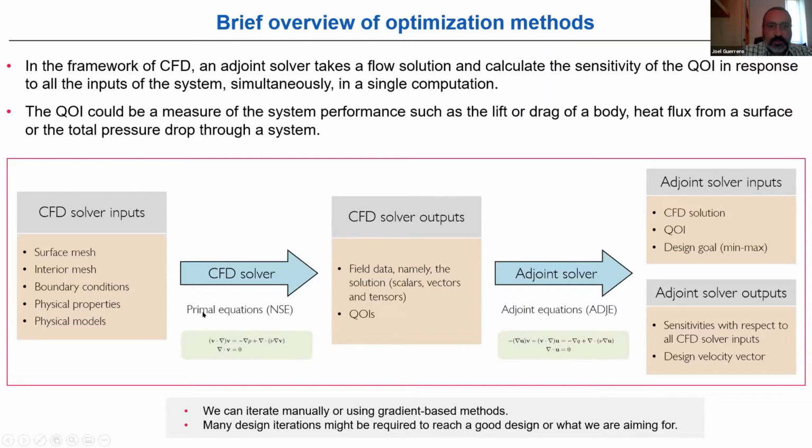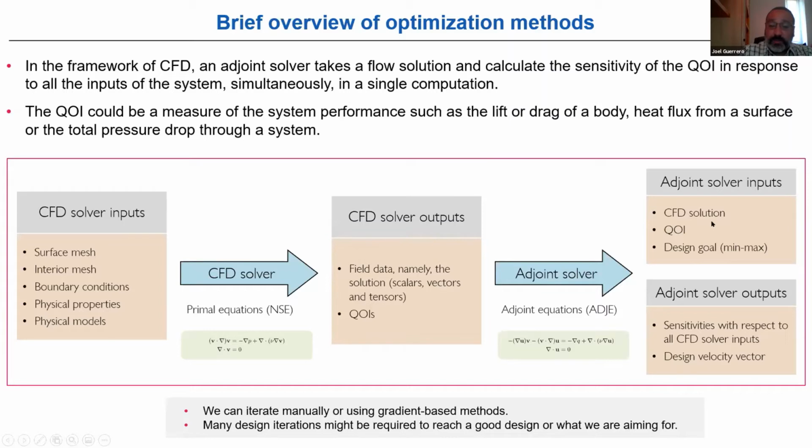The equations that you have in your primal solver must also be expressed in an adjoint way. There are different approaches to do this too. So you get the solution, put it in your adjoint solver, and there you compute your sensitivities according to the quantity that measures the system performance, okay?